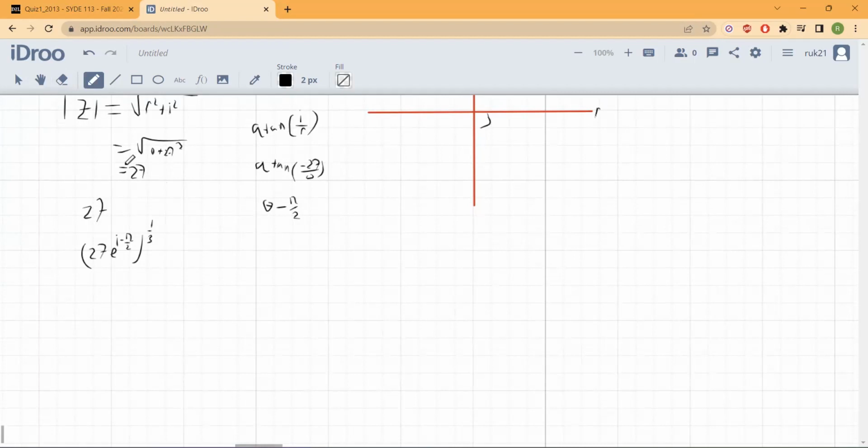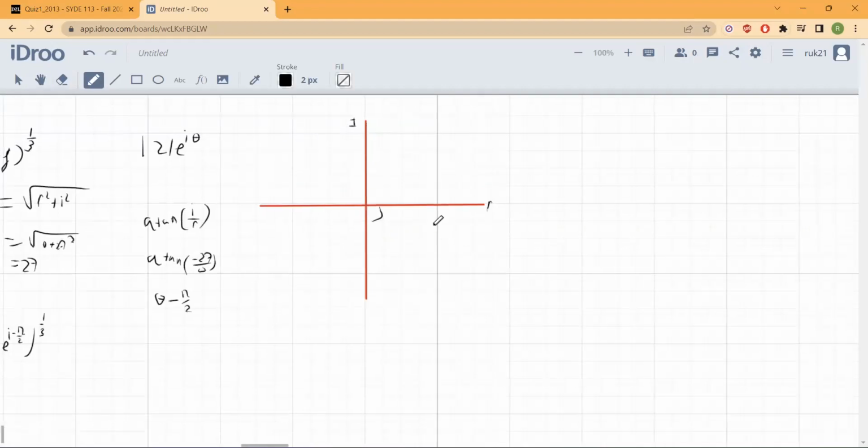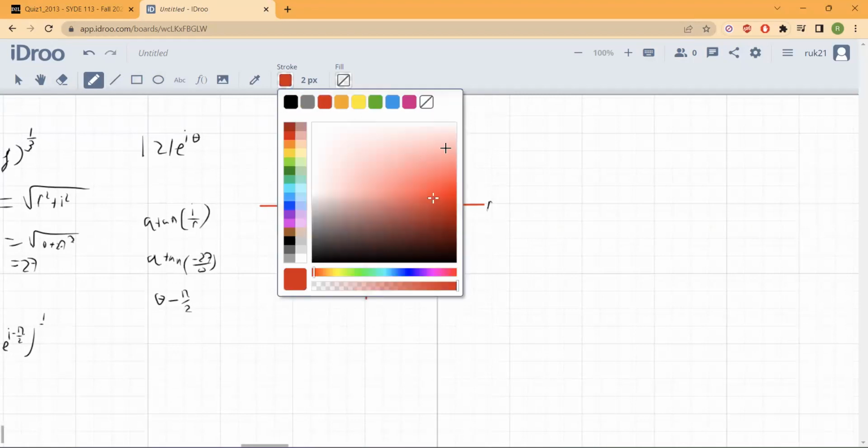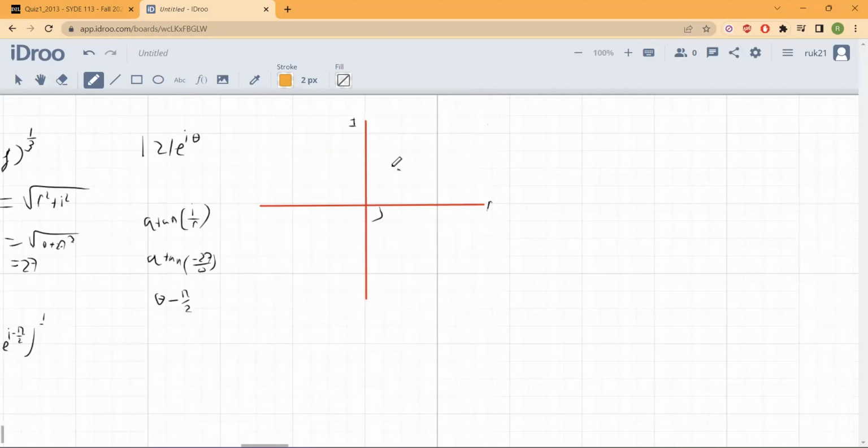And I'm just going to say that e to the i negative pi over 2 theta, you can actually add plus 2 pi k. And the reason you can add that is because if we go back here, this is a 360-degree circle, right? And so if we have an angle over here and we add 2 pi to it, which is 360 degrees, we come back around.